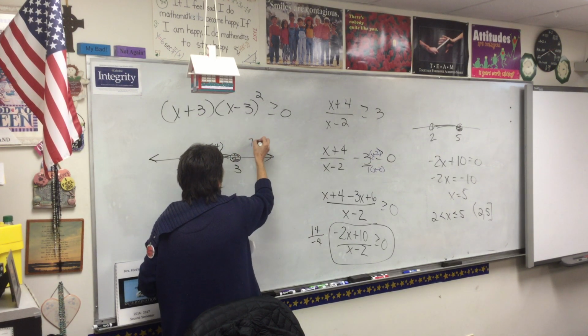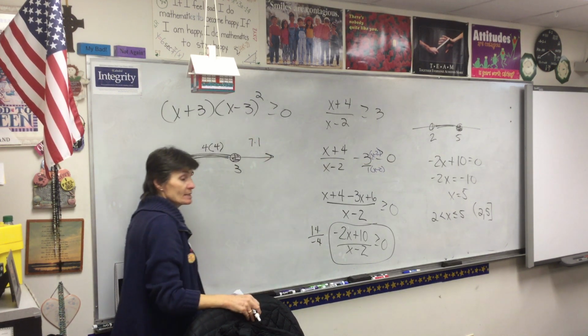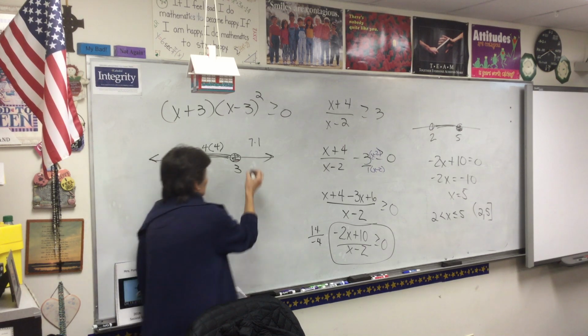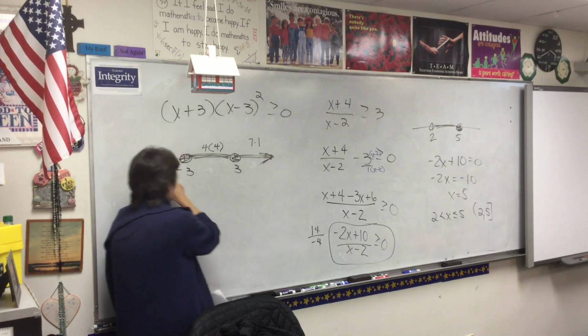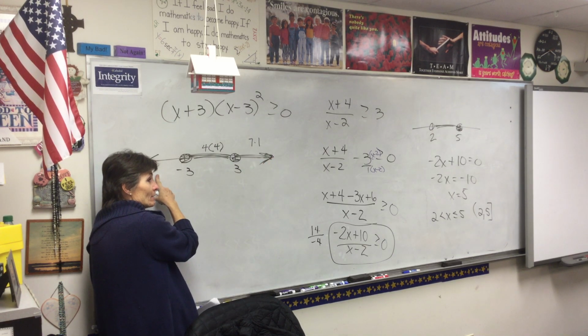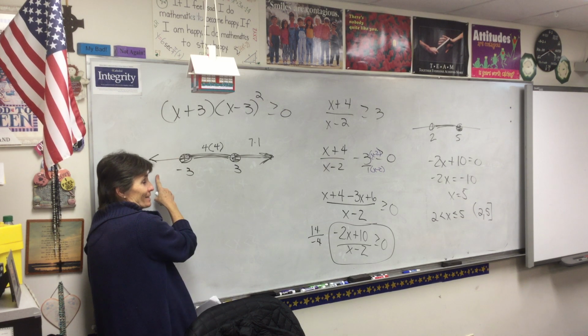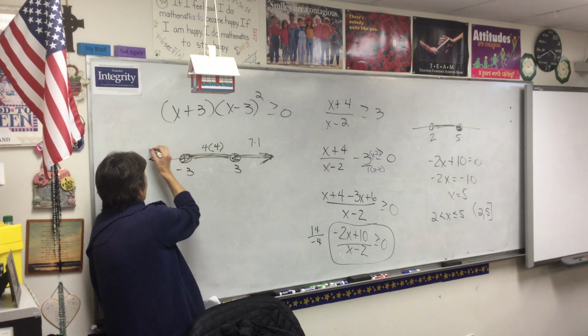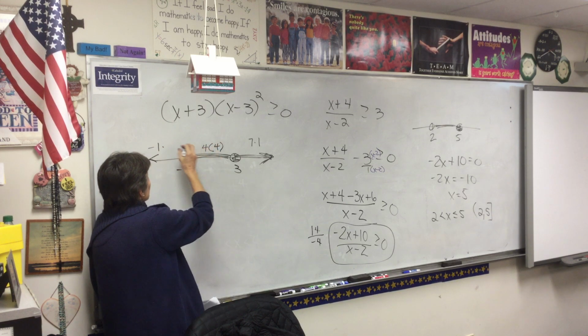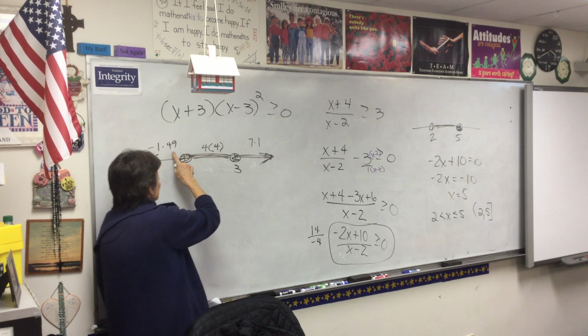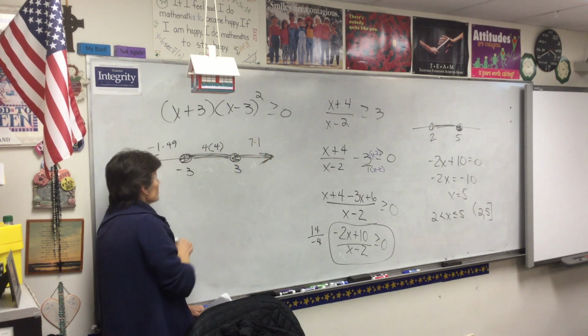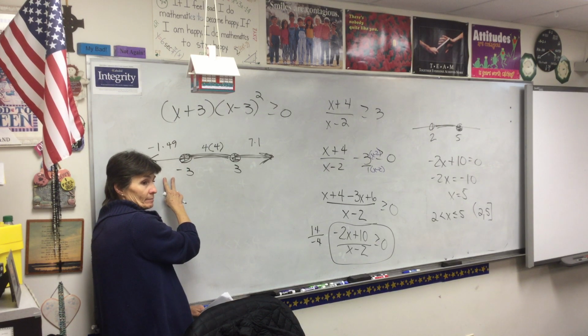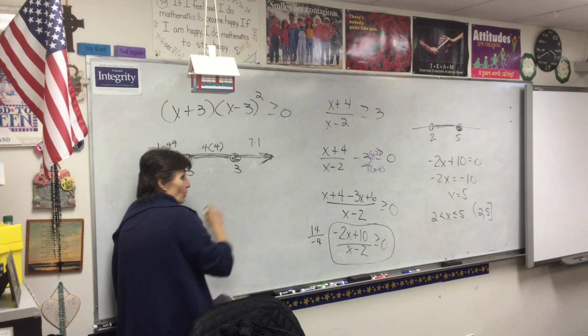So 4 gives me 7 times 1. Is that greater than 0? Yeah. All right, now pick one out here. Negative 4. Negative 4 will be negative 1 times 49. Is that greater than 0? No. So that area is not shaded. Turns out both of these were this time.